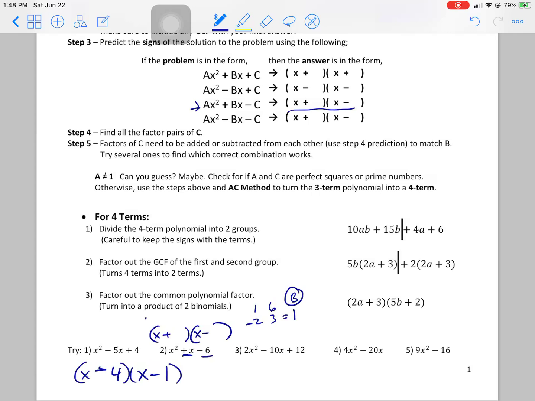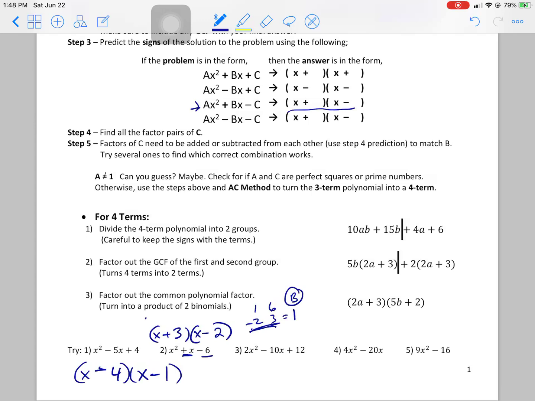All right, so factors of c that in this case subtract to a 1. So that means I want my 3 to be positive and my negative to be the 2. That way I'm going to get a negative 2 and a positive 3. Okay, so that's the factoring of that one.